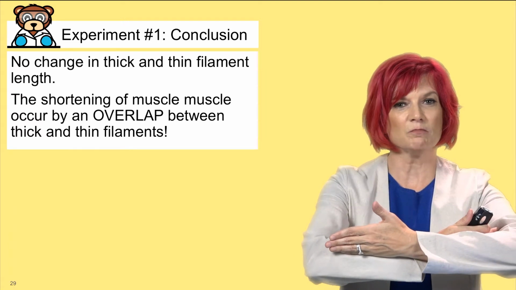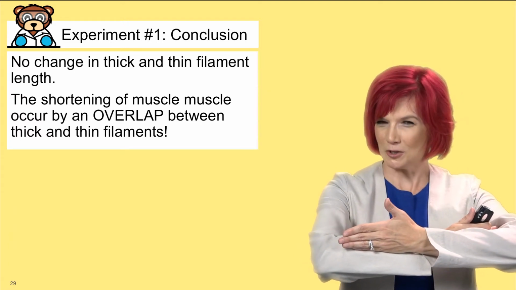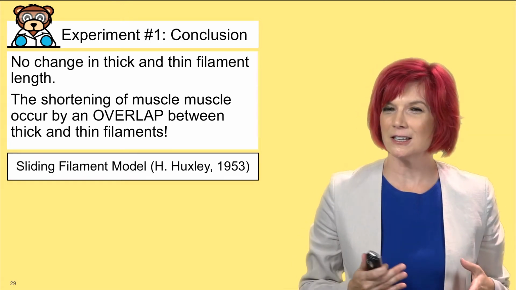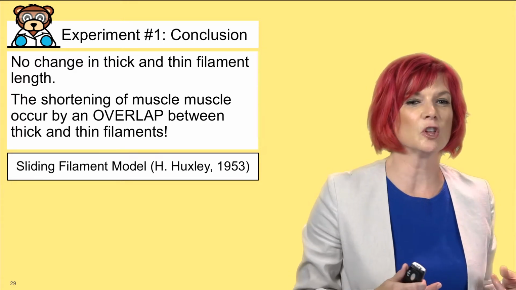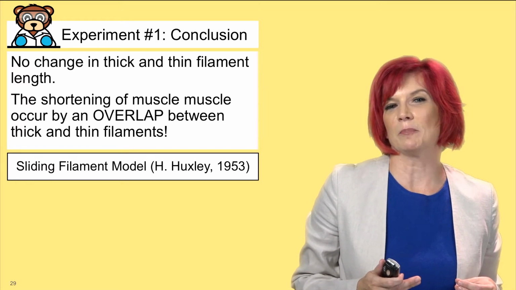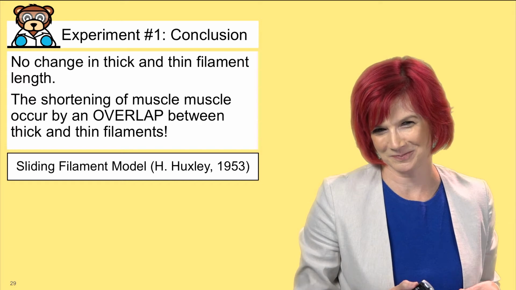And that was actually a major finding back when skeletal muscle physiology was just being investigated. So that led scientists in the early 50s to generate a sliding filament model to explain muscle contraction. And this was championed by Hugh Huxley, who is one of the grandfathers of skeletal muscle.